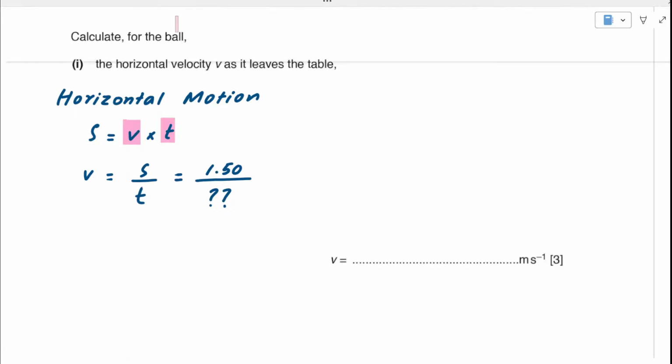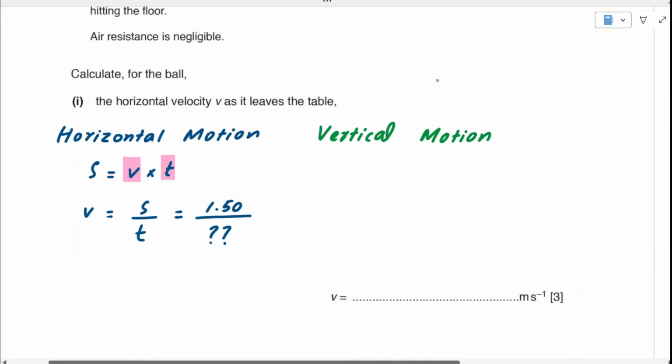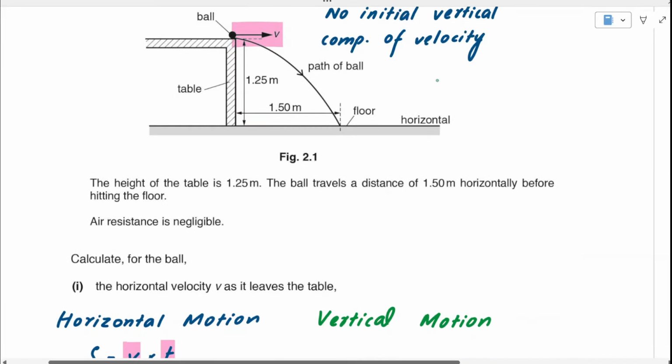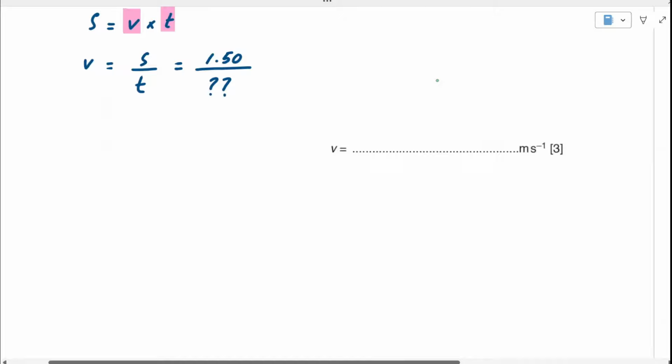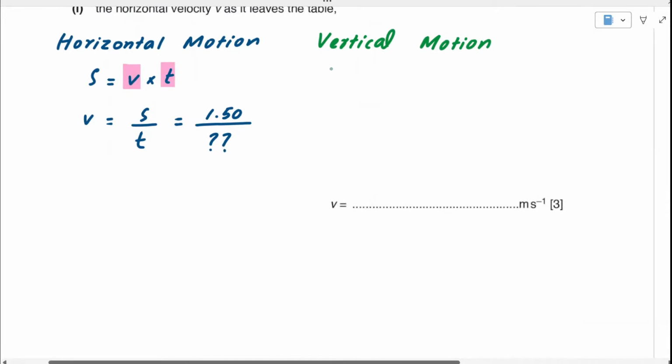So what we do is we knock at the door of the vertical motion and we ask for help from the vertical motion. And the vertical motion gives us one of the equations and it says I can assist you by giving this equation only and the rest is to be done by you.